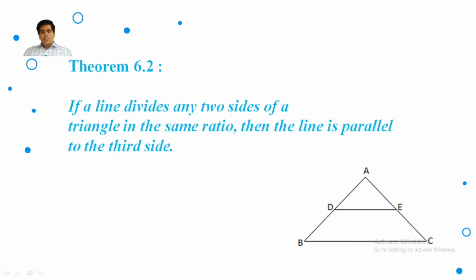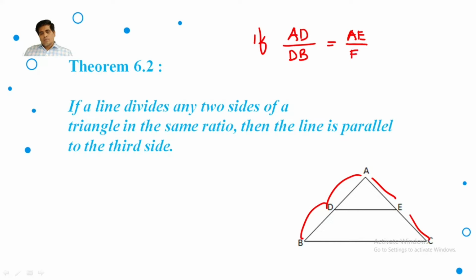Simple. When these ratios are equal, if AD by DB is equal to AE by EC, then the line is parallel to the third side.